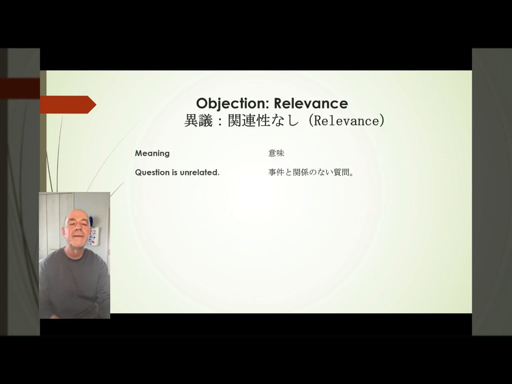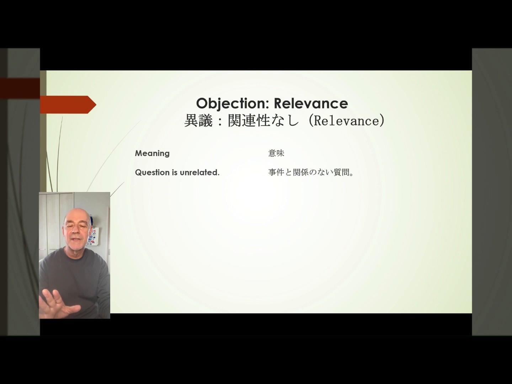The first one is relevance, kankinai. So this question is completely irrelevant. If you're talking about whether you saw the defendant in the store, and then you ask the witness, what kind of music do you like, something that has nothing to do with the topic or the subject. Or most often it's something the other side is trying to say about the witness.